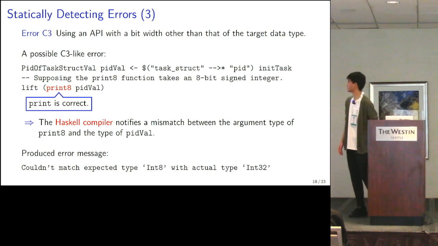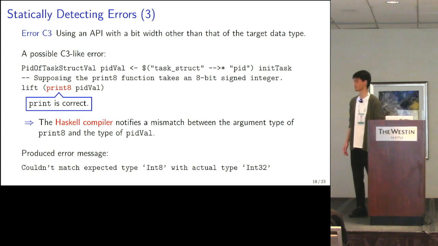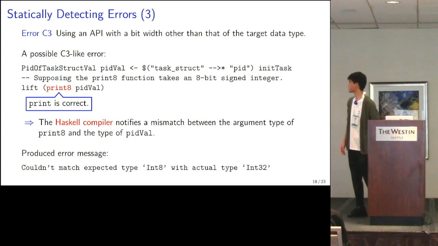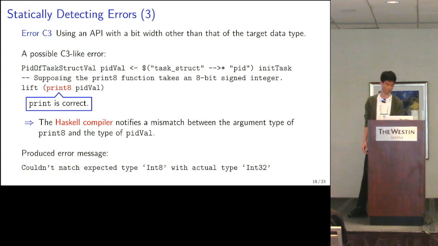Lastly, the possible C3-like error is passing a 32-bit integer to the print8 function, which takes an 8-bit signed integer. This is also detected by the Haskell compiler, since there is a mismatch between the argument type of the print8 function, which is int8, and the type of PID val, which is int32.